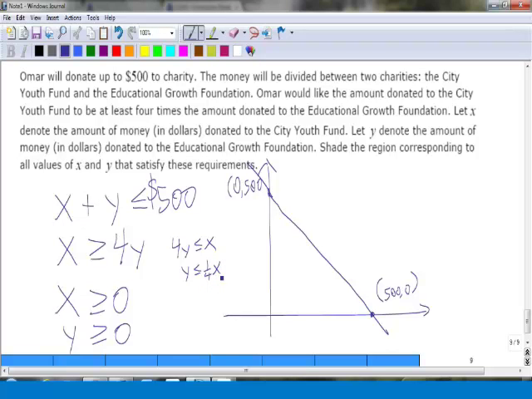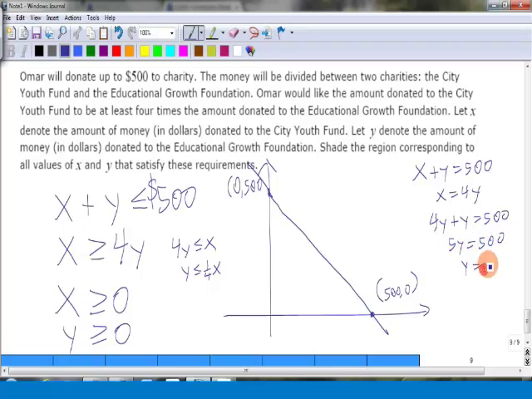I would suggest figuring out the point where they intersect. To do that, you might want to use substitution. If you've got the equation x plus y equals 500, and you've got the equation x equals 4y, substitute 4y for x to get 4y plus y equals 500. 5y equals 500.